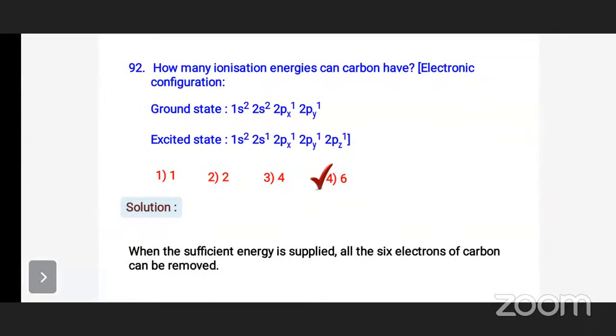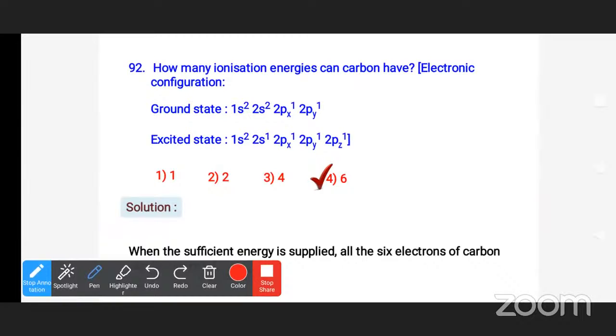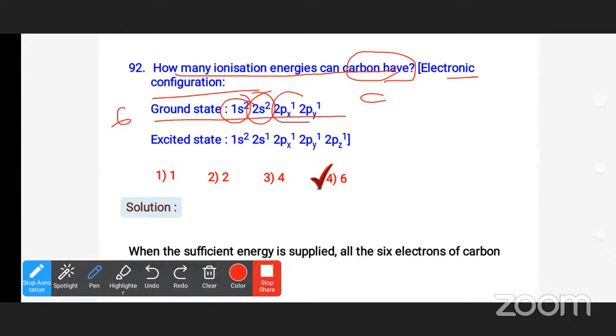Okay. Then next: how many ionization energies can carbon have? Carbon has atomic number 6, electronic configuration 1s2, 2s2, 2p2, so 2px1, 2py1. Excited state configuration 1s2, 2s1, 2px1, 2py1, 2pz1.